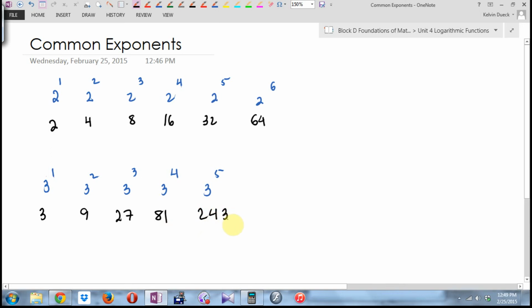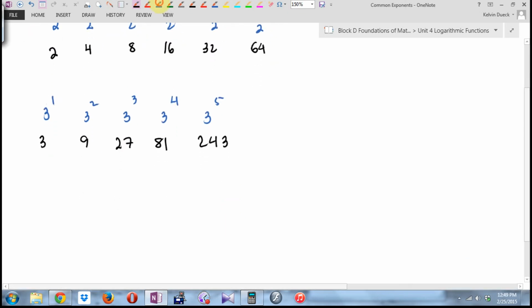What I'm saying is if you see a 243, I think that's a power of 3. Not 2, not 7, not 5, 3. You should know powers of 4, and you'll notice I don't go as far each time as the numbers get bigger, because the numbers get bigger. 4 to the 1.